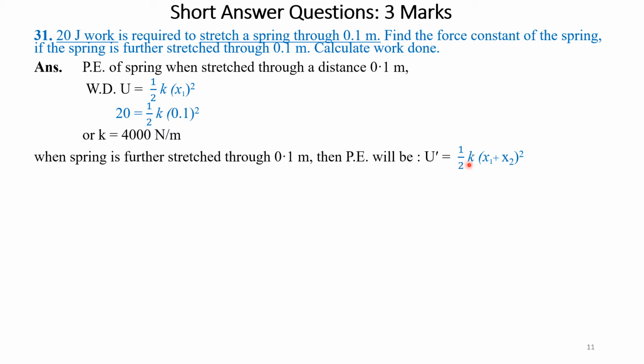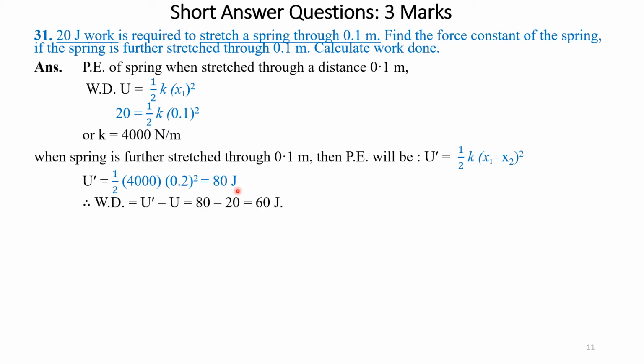The value of k we have calculated in the previous step, and x1 is 0.1 and x2 is also 0.1. We will substitute the values and we get U dash is equal to half into 4000 into (0.1 plus 0.1) whole square, that is 0.2 whole square, that is 80 joules.